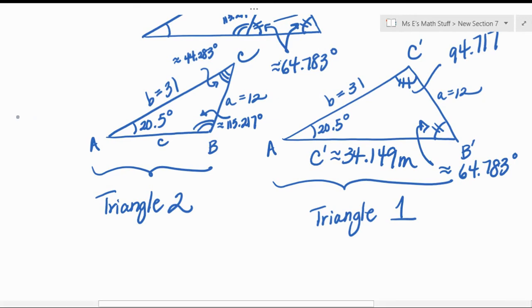So sine of angle C divided by side length C would be, I guess I've got a rounded number there, so we'll say approximately equal to sine of A over A. There you go, cross multiply and divide.